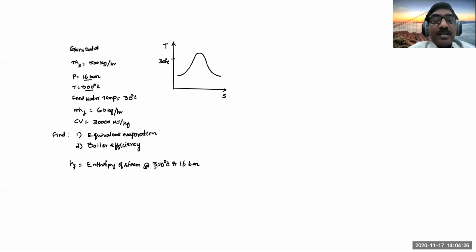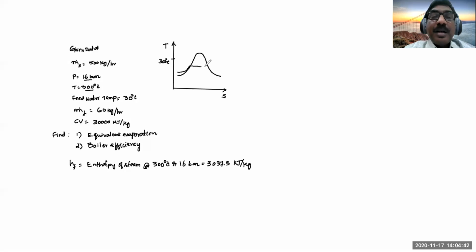Directly you can get this particular enthalpy value from the superheated steam tables. The enthalpy value is 3037.3 kilojoules per kg, obtained from the superheated steam table.